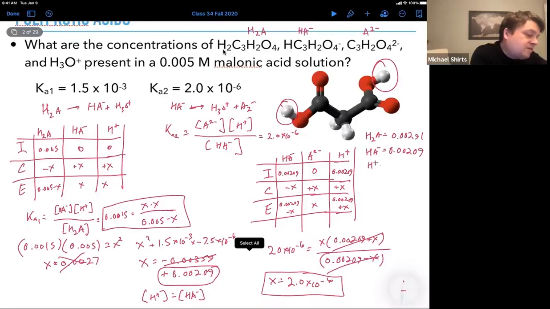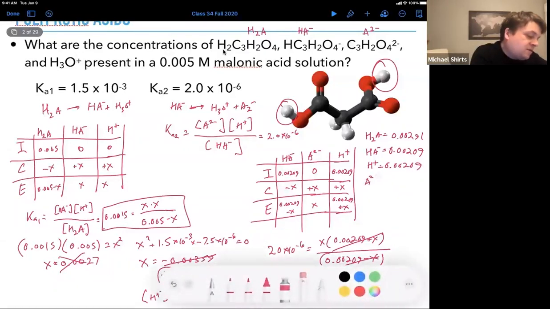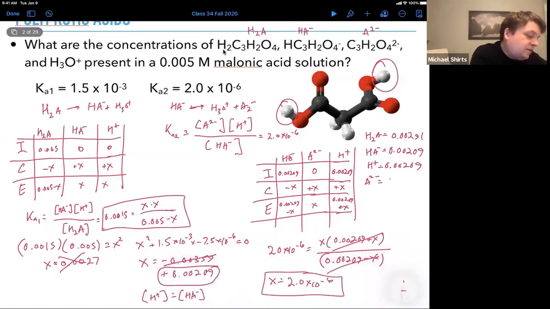Same thing for the concentration of H plus, 0.00209. And then the concentration of A2 minus will be 2.0 times 10 to the negative sixth. So those are the concentrations of all the species here.